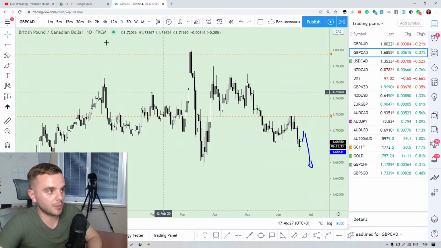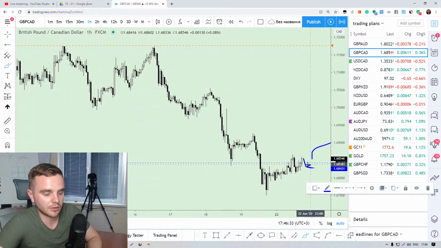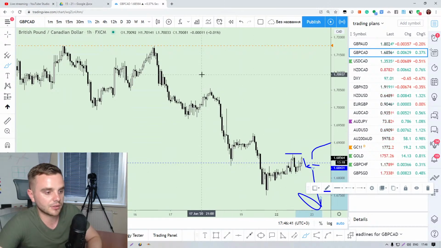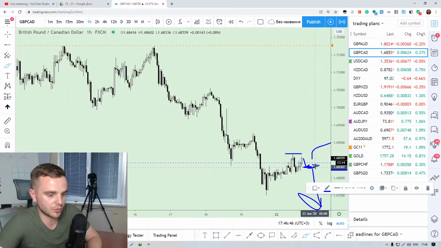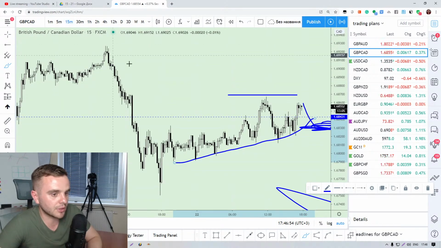If the price closes below, at least a 4 hour candle close below this key level, you can open sell, stop loss above, and take profit 4 or 5 times bigger. Why? Because global trend is down, but only if 4 hour closes below. Why? Because on lower time frame, as you can see, every low is higher and higher. It is not good for the smaller time frame picture.